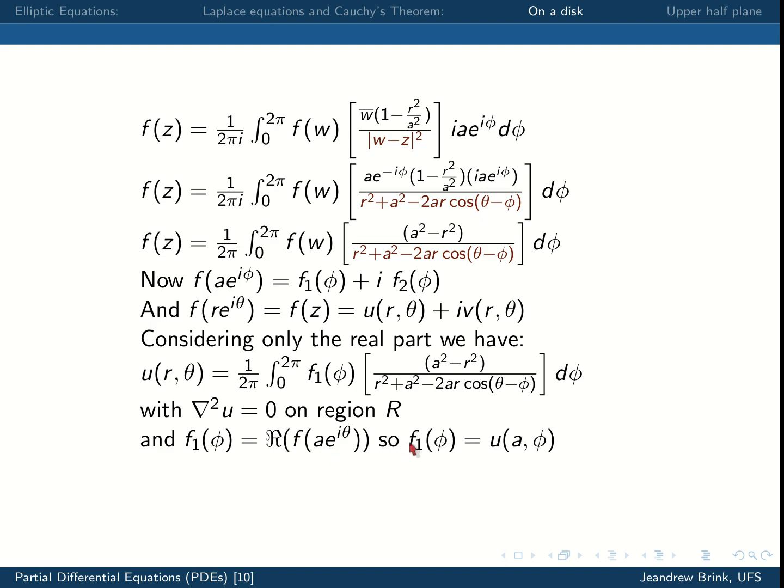So f1 is the initial value that we are given for u. So f1 of phi is simply u_a of phi, and so we've actually solved the problem. We know that u satisfies this Laplace equation on that region R, and so we have found, using this expression, a valid solution for Laplace's equation that also satisfies this boundary condition.